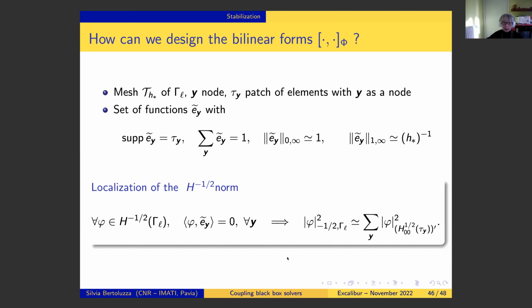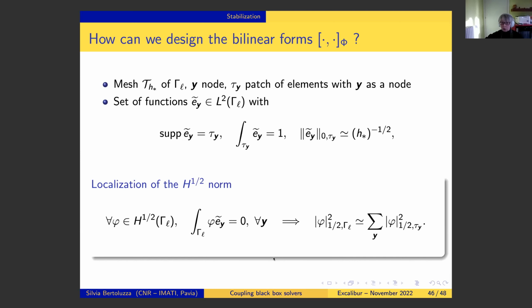In order to construct the bilinear form, we can rely on some localization results for the H^1/2 norm and the H^-1/2 norm. So I assume that I have a mesh of my interface gamma, and that I have nodes y, and for each node y, I consider a patch of elements, the patch of elements that share y as a node.